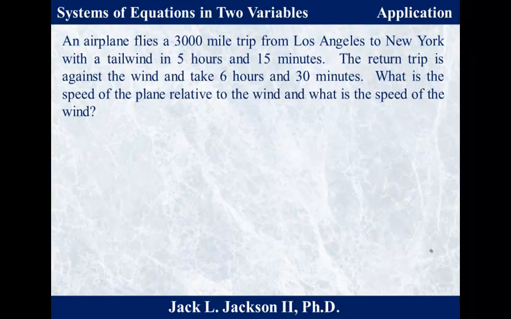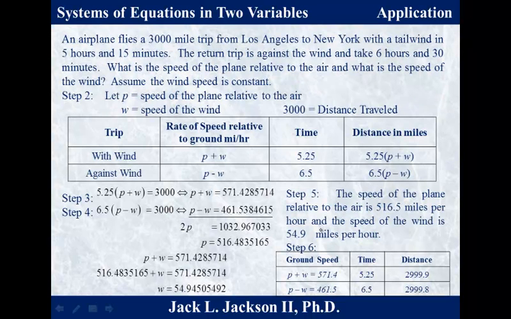Okay, let's see what we need to do here. Well, we're going to let P be the speed of the plane relative to the air, and W be the speed of the wind. And 3,000 is the distance traveled both directions.